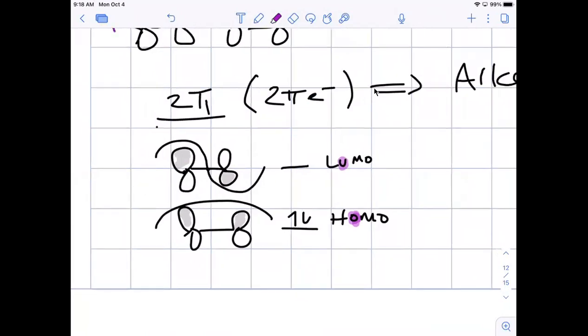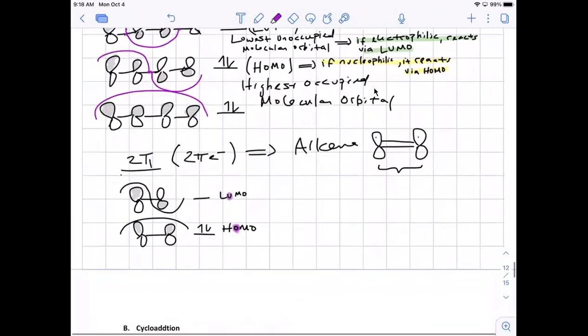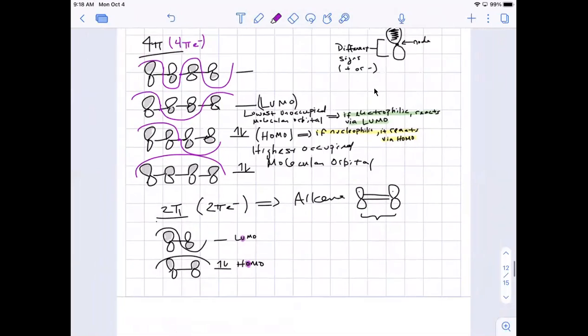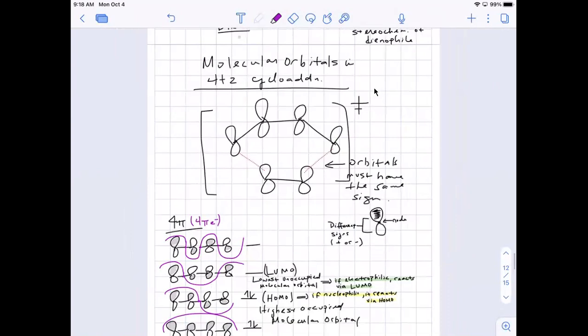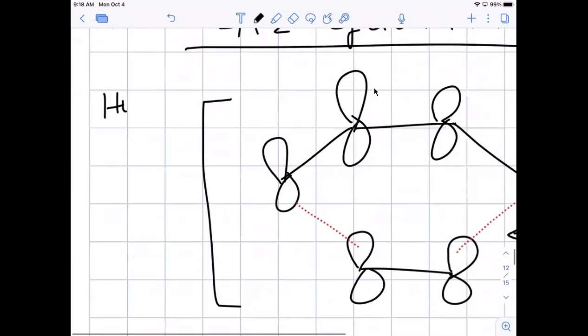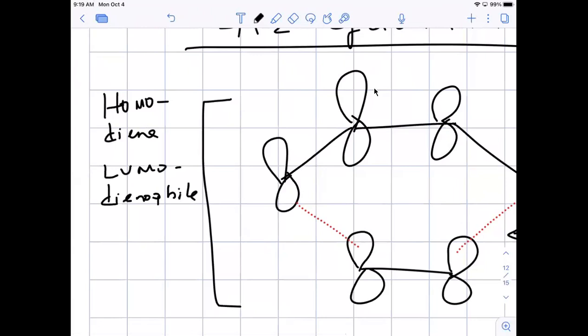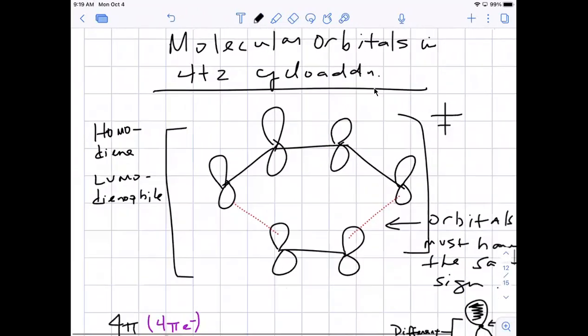All right. So how do we apply this to the transition state of the Diels-Alder reaction? Well, in the transition state, it's always the HOMO of the diene reacting with the LUMO of the dienophile, right? So what does that transition state look like? Well, you got to know what the molecular orbital looks like for the HOMO.